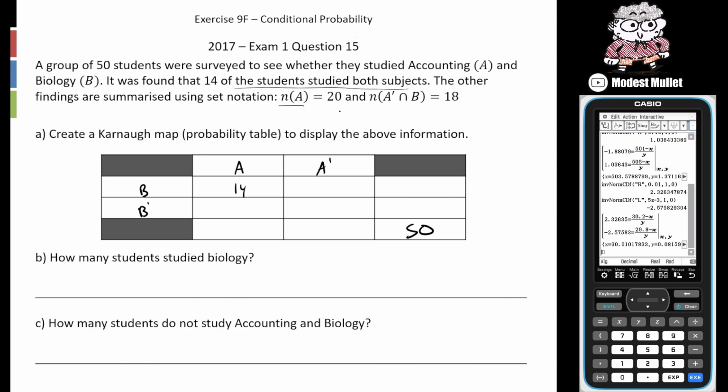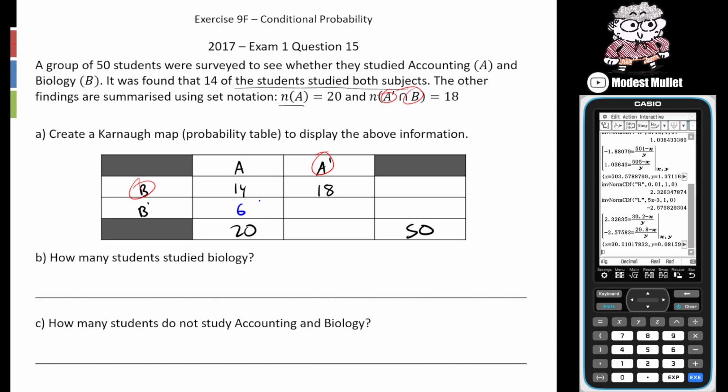N of A is equal to 20, so the total number of students that studied accounting is 20. And N of not A intersect B is 18, so that needs to be 18. From that we can now fill in the rest.